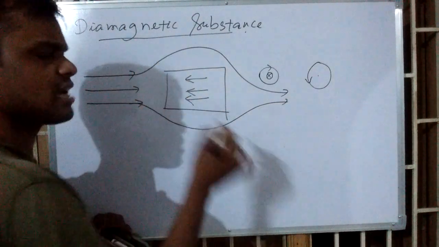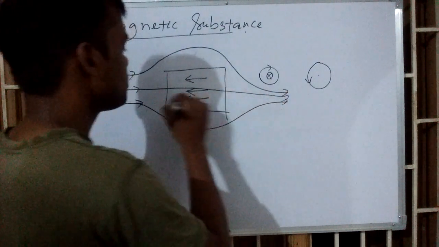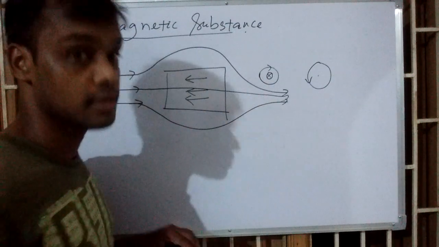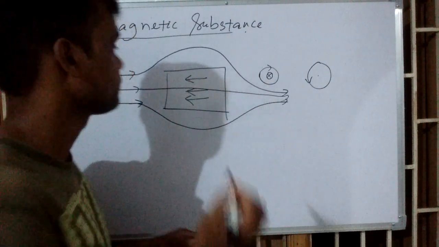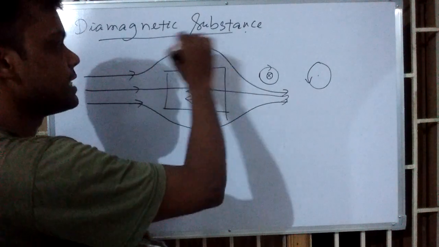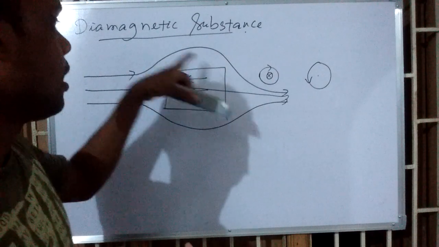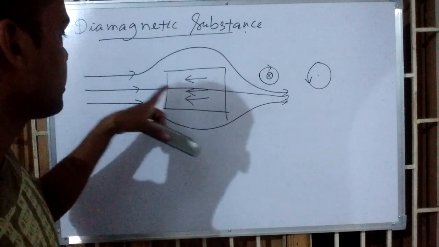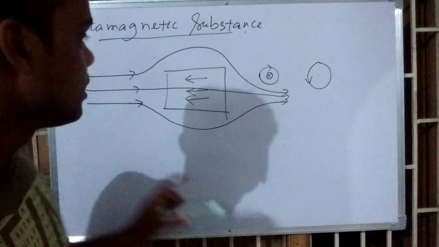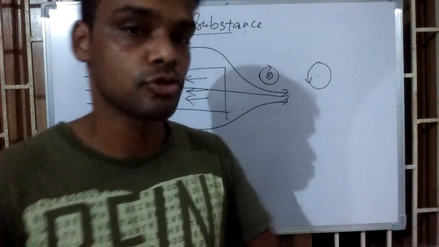But this middle line has no other option. It has to penetrate through the material, and this is the only line that passes through the material. Otherwise, all other lines will get deflected like this. This is the result of repulsion between the magnetic material and the magnetic field. This is how a diamagnetic substance responds to an external magnetic field.